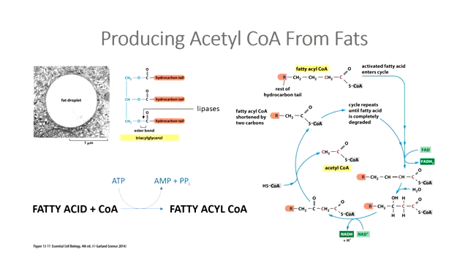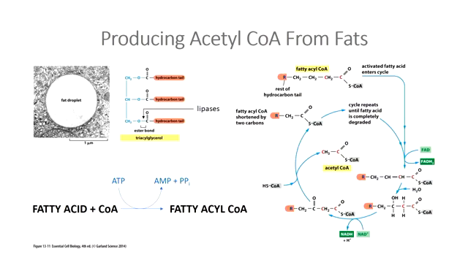And that process is going to require investment of energy in the form of ATP here to produce these fatty acyl-CoAs, but that is then going to get you back a whole lot of reduced electron carriers. That is, as you split off these 2-carbon units, you're making FADH2, you're making NADH.